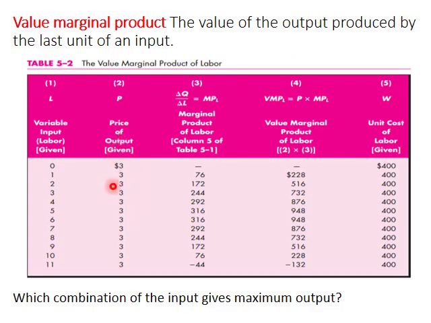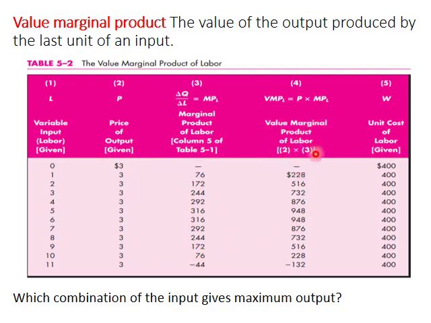The price of the output is $3, and these are the variable inputs. This is the price of the output, and this is the marginal product of labor, and this is the value of marginal product of labor.